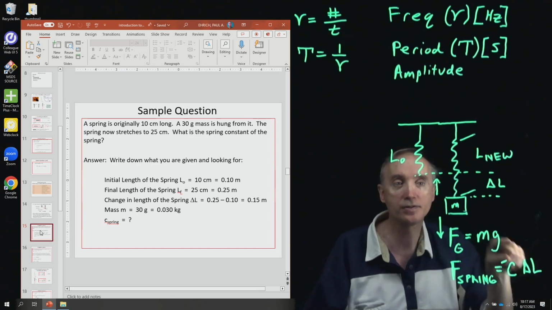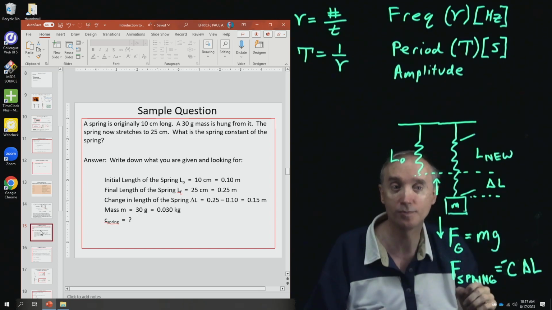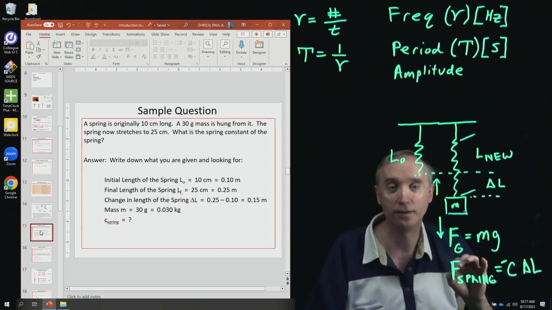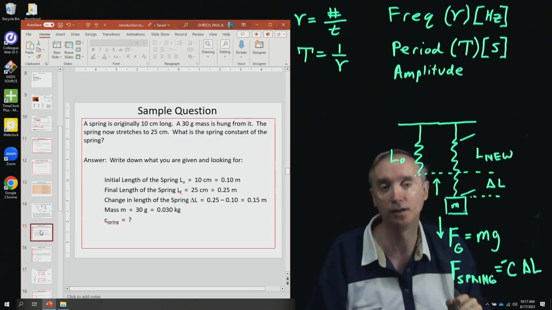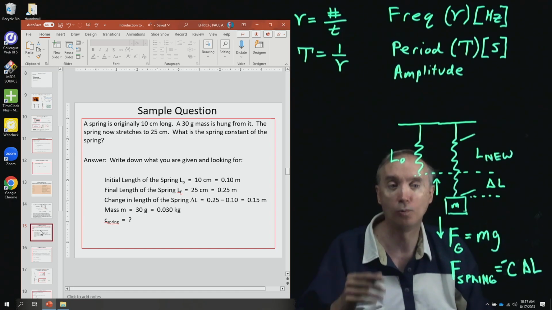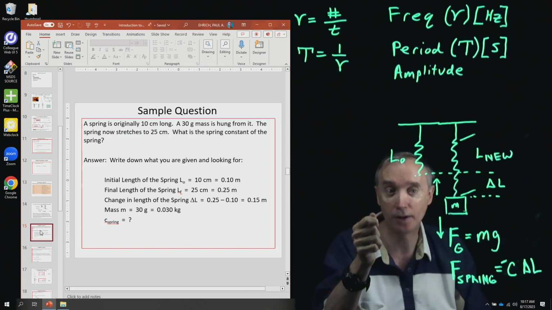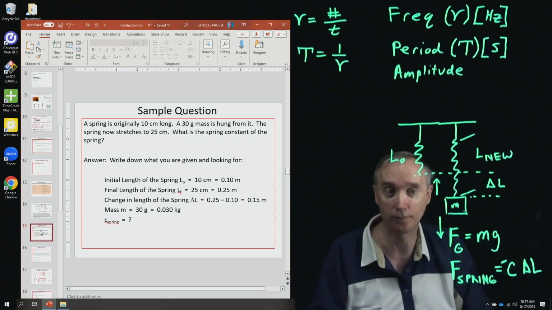Now the mass, m, is going to be 30 grams, but that's the wrong unit. The official metric unit for mass is the kilogram. One gram is like a paper clip, and a kilogram is 1,000 paper clips.